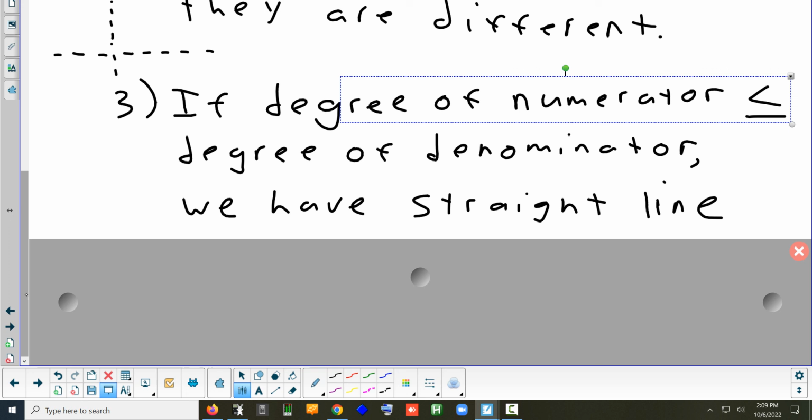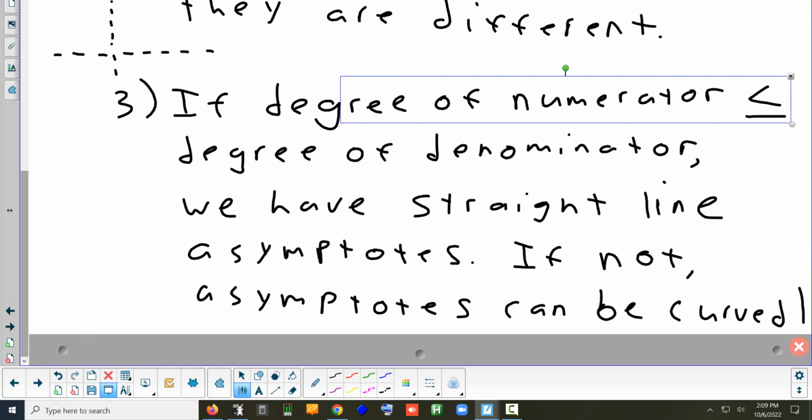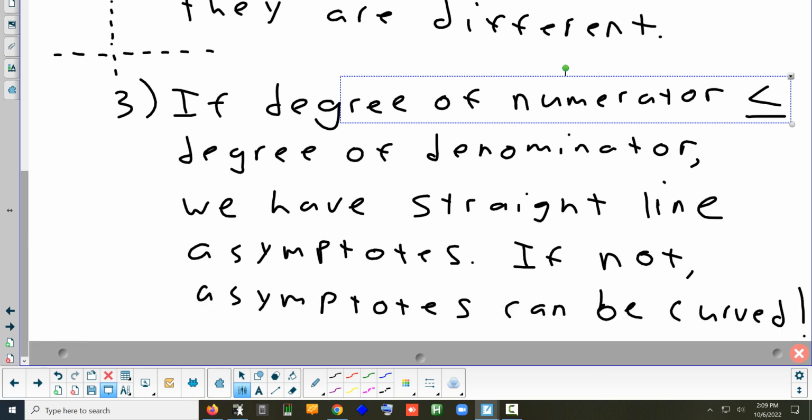Now, if that's not true, if the degree in the top is bigger, what can start to happen is you can get an asymptote that curves. The more the difference between the top and the bottom, the worse the curve is going to get. That's why I told you we're not going to look at ones that have any more of a difference than 1 between the top and the bottom.